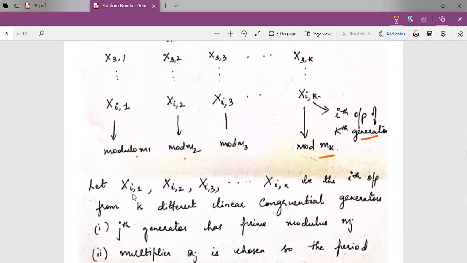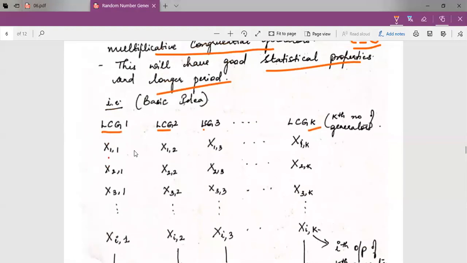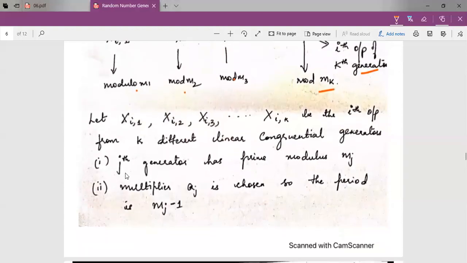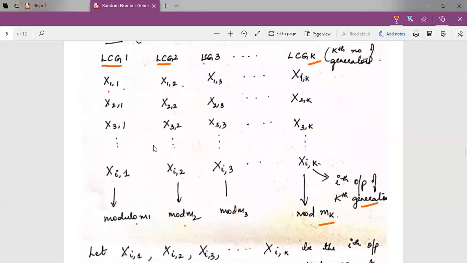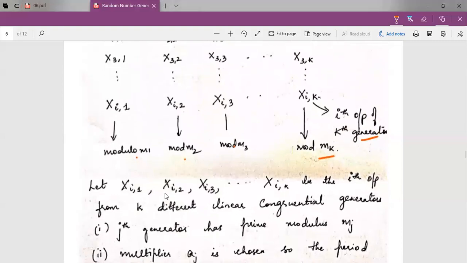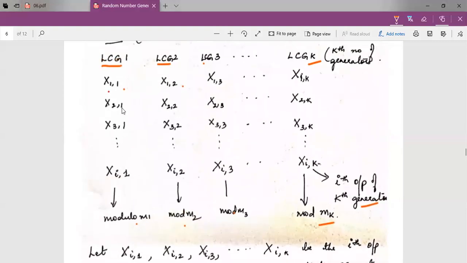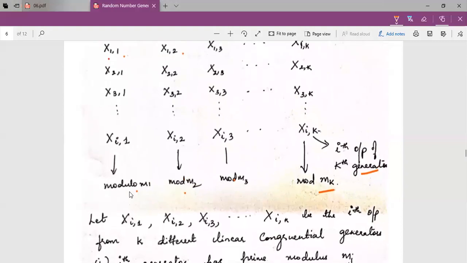Fine. Let X(i,1), X(i,2), X(i,3), and so on up to X(i,k) be the ith output of k different linear congruential generators. Then the jth generator has a prime modulus mj. Here the i value varies from 0, 1, 2, 3, and so on.